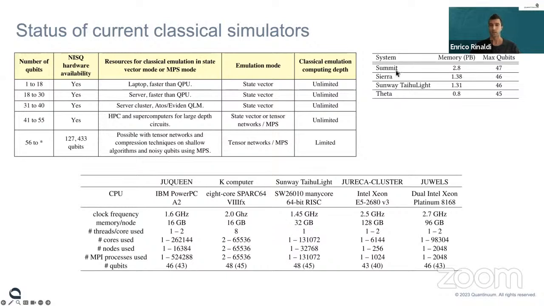So even on the largest supercomputer in the world, you will only be able to simulate 47 qubits, theoretically, at least store the amplitudes of those 47 qubits. Here is another example down here, where the K computer, the predecessors of Fugaku, was used, and people were able to actually simulate this amount of qubits.